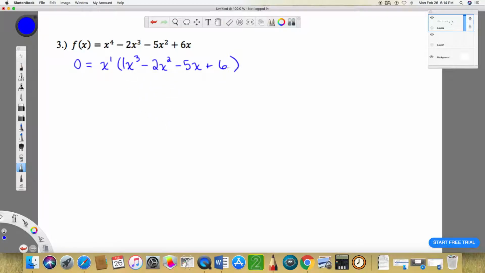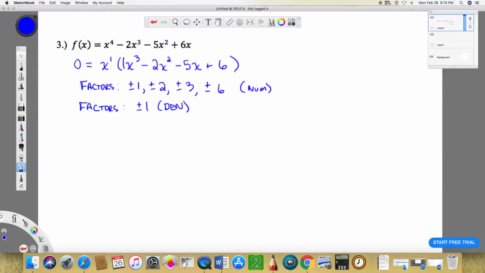So now if we look at this reduced polynomial, we need to generate a list of possible rational zeros. The factors of 6 are going to be the possible numerators. And the leading coefficient, which is just 1, that's our denominator.